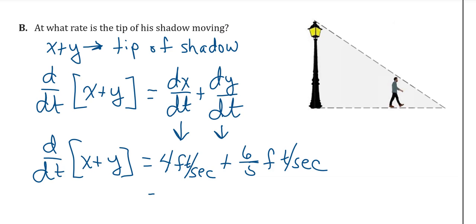So when we add these together, make a common denominator, so we'll have 20/5 there. So we get 26/5 feet per second.